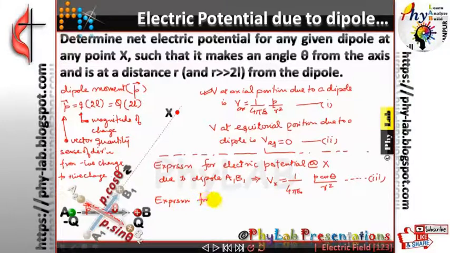So what will be the expression for electric potential at X due to dipole A2B2? Friends, remember, for A2B2 point X is an equatorial point.